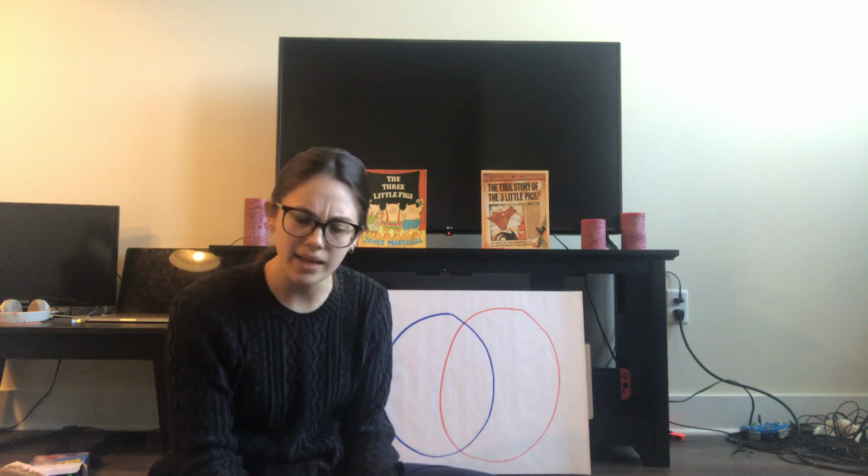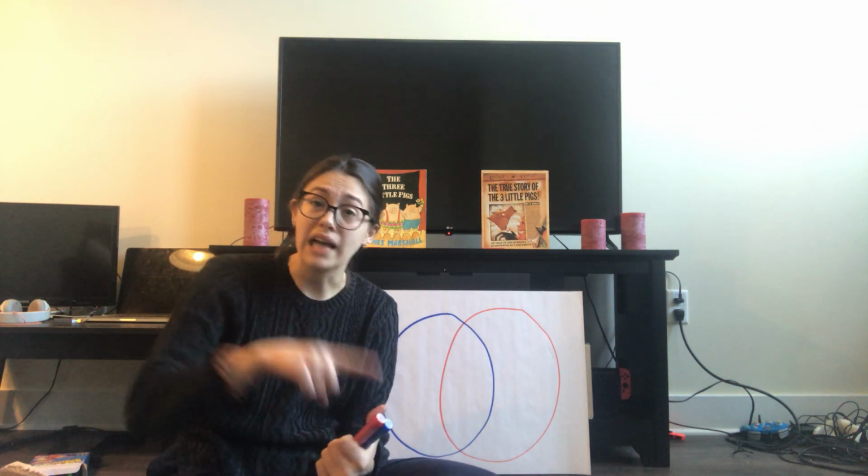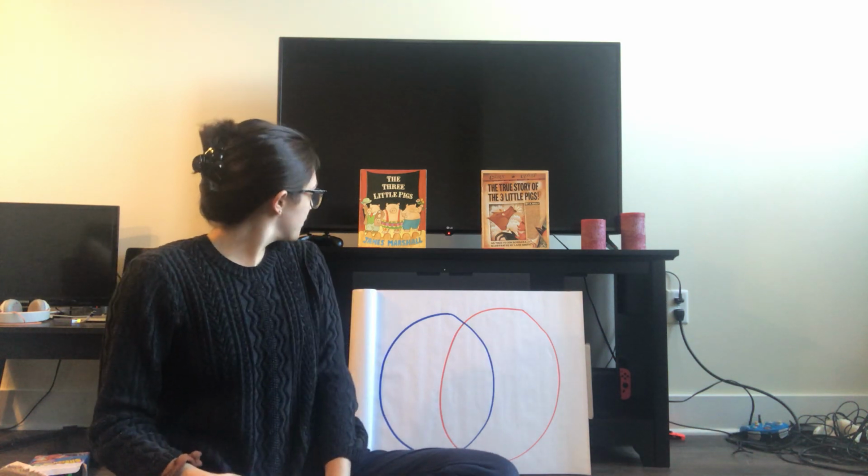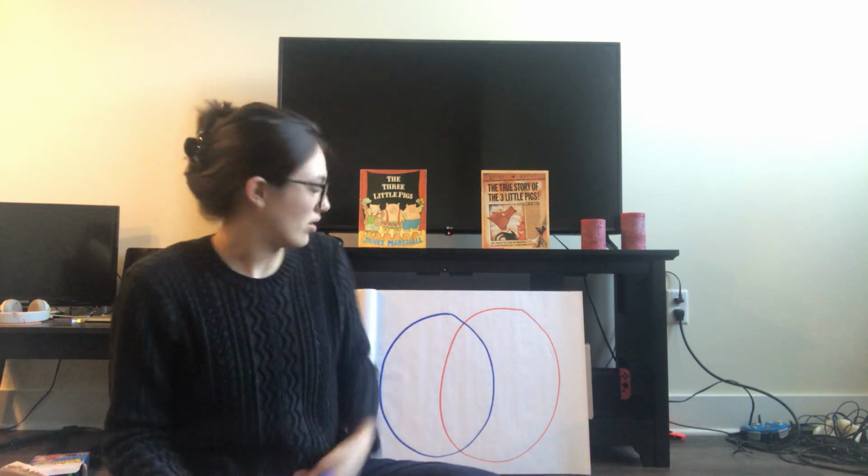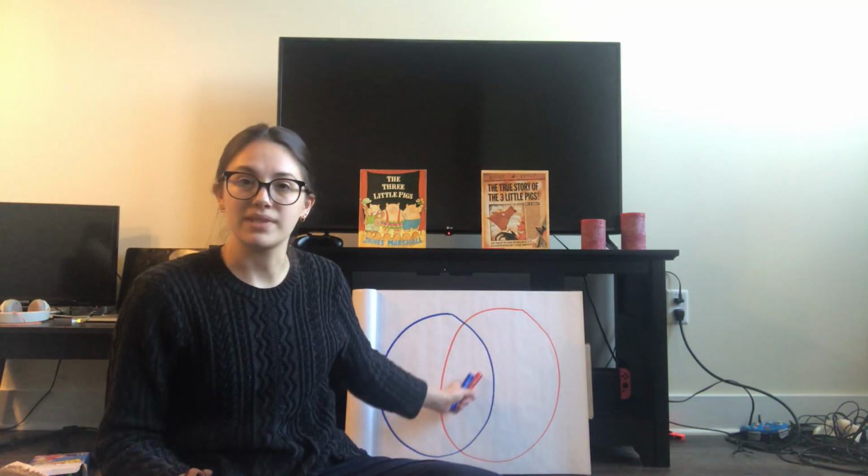I'm going to start to think about how these two versions of the traditional story of the Three Little Pigs were the same and how they were different. I'm going to try to use my reader's tools, characters, plot, and point of view to help explain my thinking. So let's start with something that was similar, that would go in this same section right here.